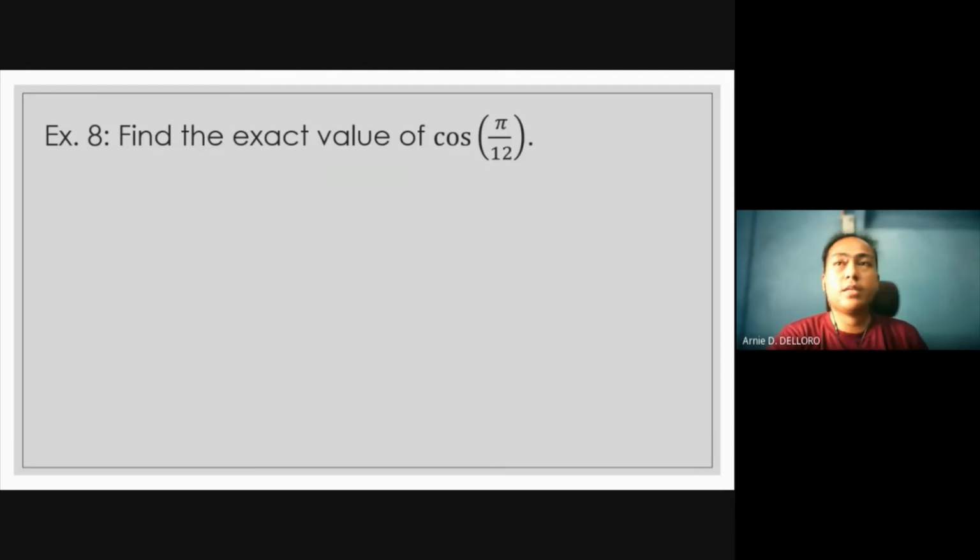In this case, ma'am, required ba kaming magpakita ng solution if we are asked to determine the exact value of cosine pi over 2, in this case, for kahit anong trigonometric function? Actually, one of the easiest way to determine the exact value of any trigonometric function is to simply use your calculators. Okay?